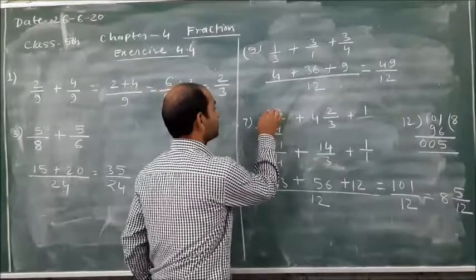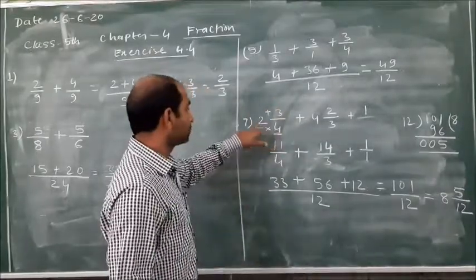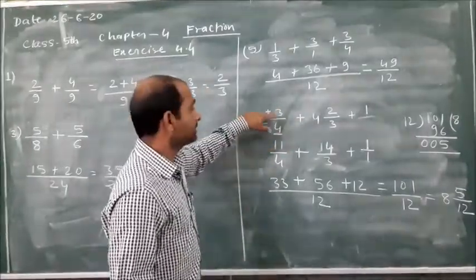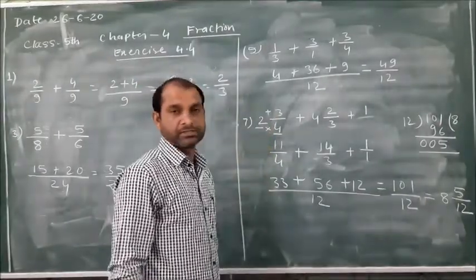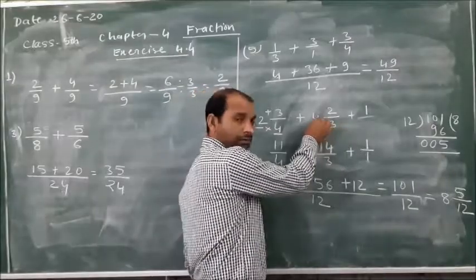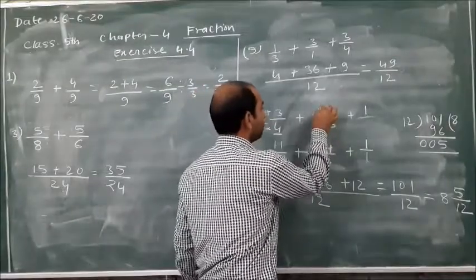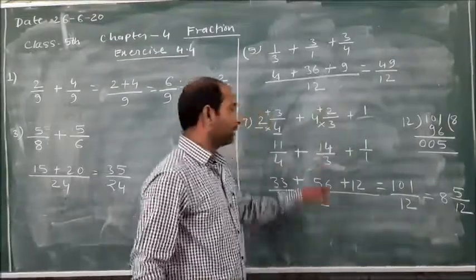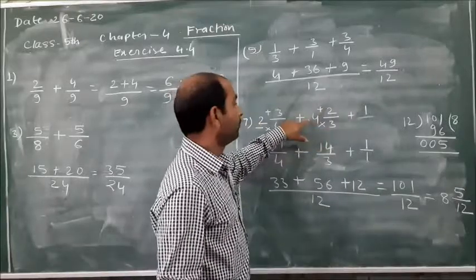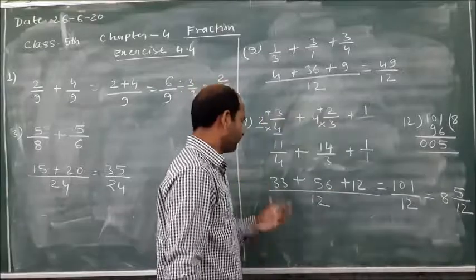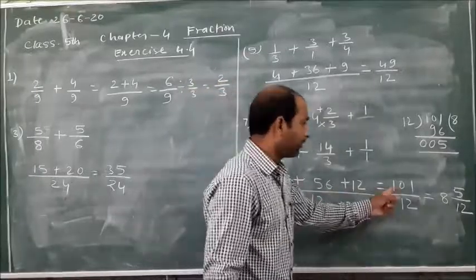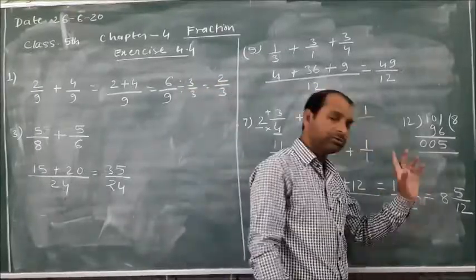Then we add the numerator. 8 plus 3 equals 11 upon denominator 4. 3 times 4 is 12. We multiply and add the numerator. 12 plus 2 equals 14. Now when we add these numbers, we find 101 upon 12.